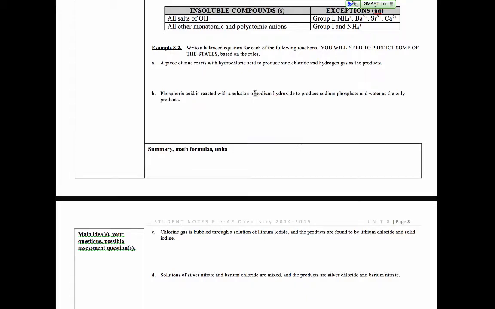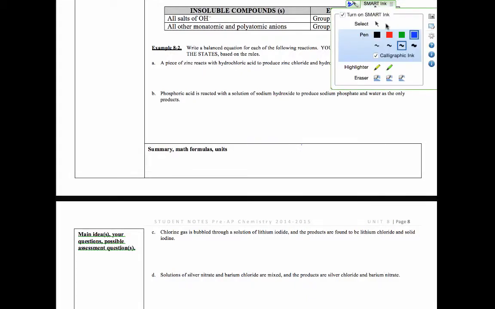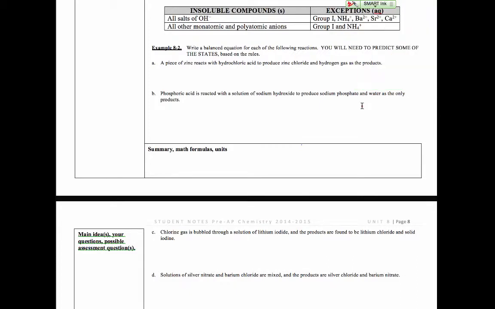All right, let's first take a look at how we parse out the terms in a written chemical equation. So let's look at some keywords here. We see the words "a piece." If it says a piece, that means that we have a solid piece of whatever follows. And it said zinc, so we write zinc as Zn.